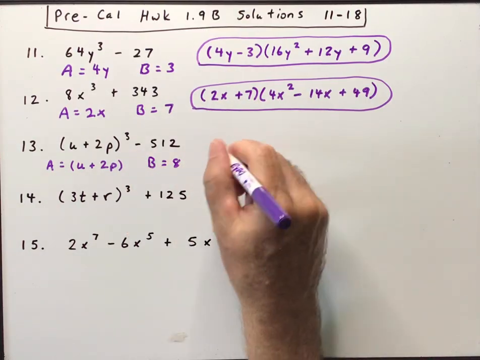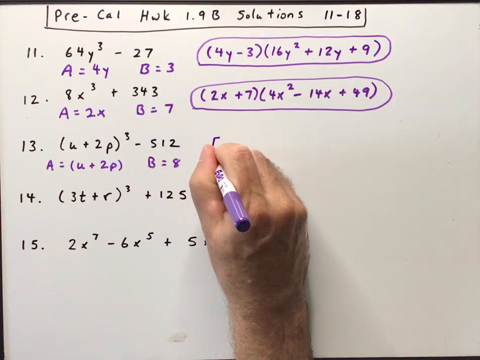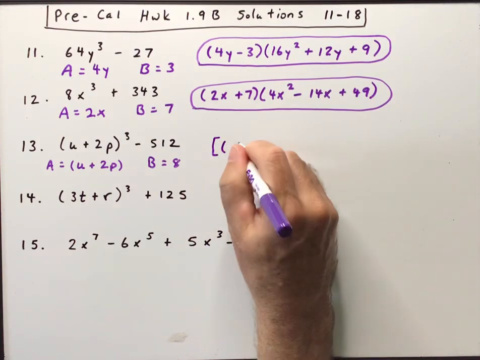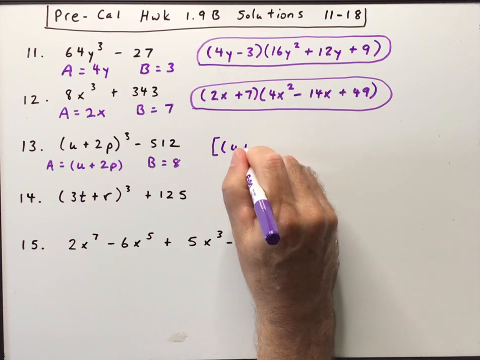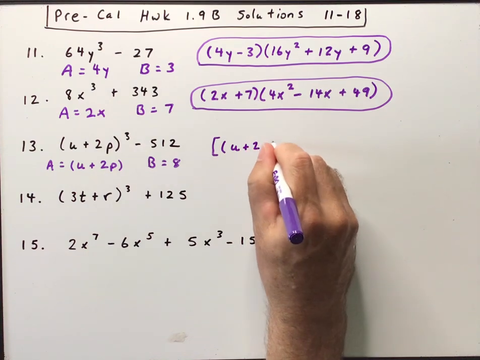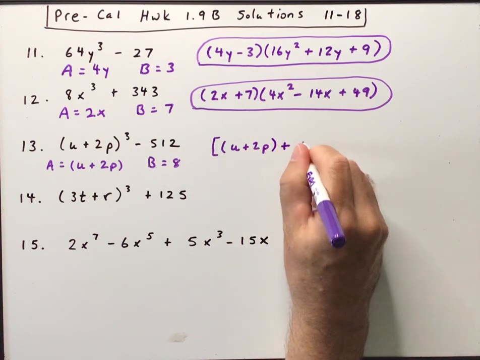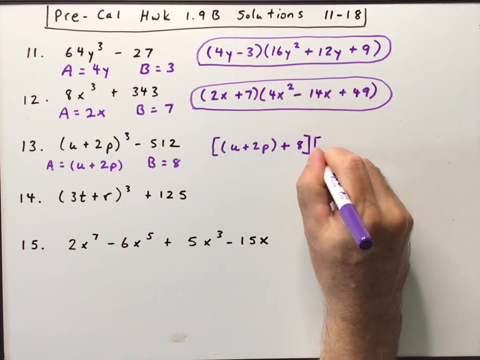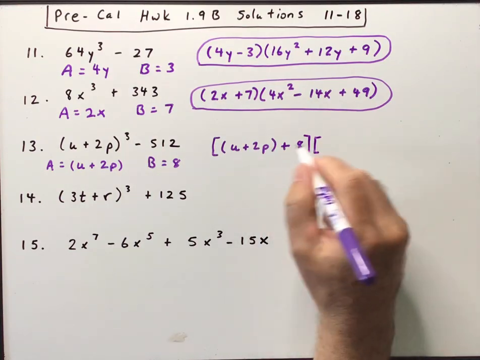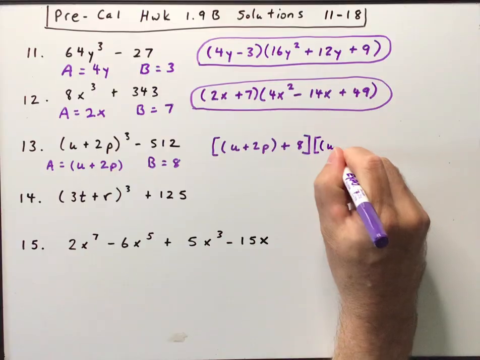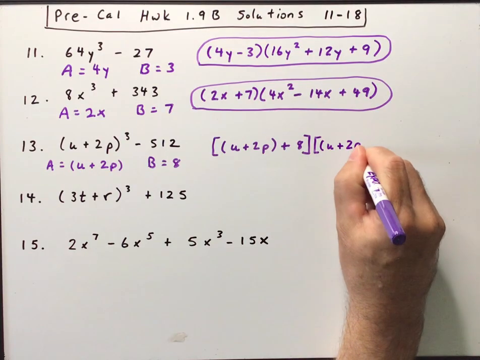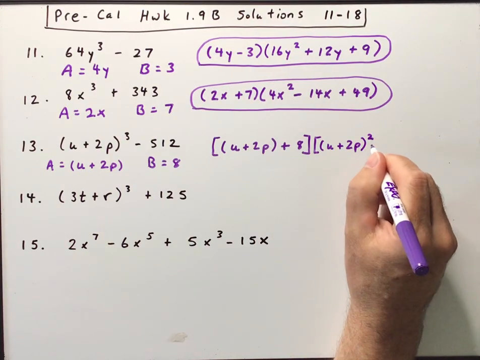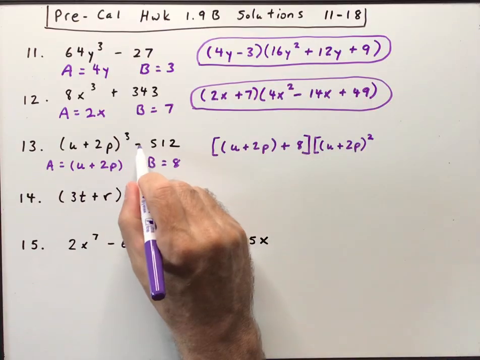It's a minus there, so our formula will be, we're going to use bracket, u plus 2p plus 8, and then close the bracket, and then it's going to be a squared, so u plus 2p all squared, or excuse me, this is a minus here.